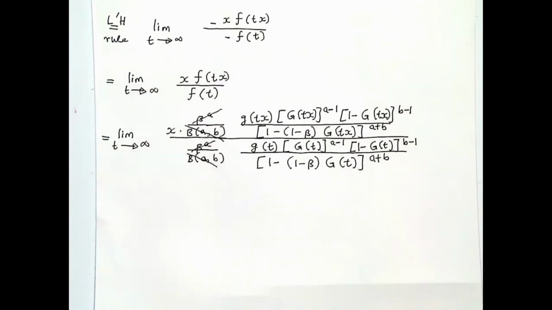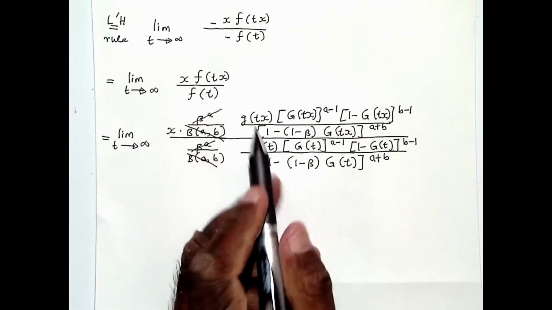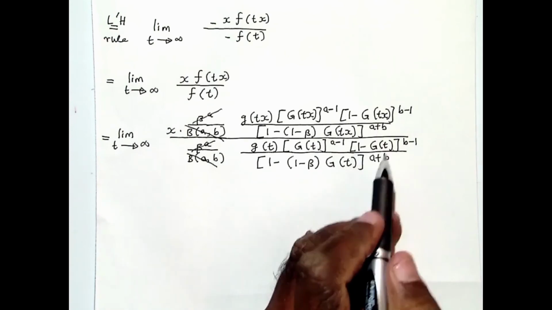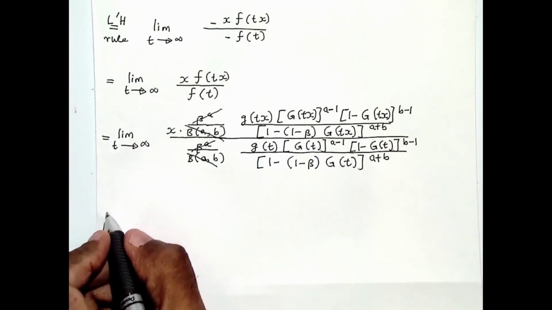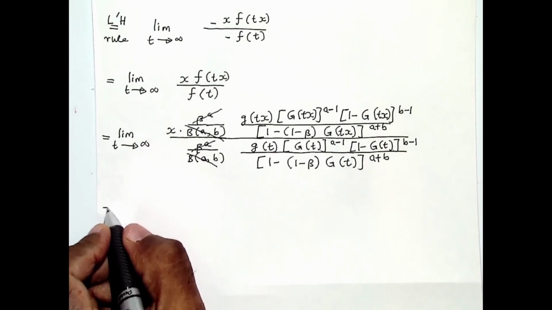All right. In the next line, I'm going to group this with this, this with this, this with this, and this with this. All right. So you have the following.